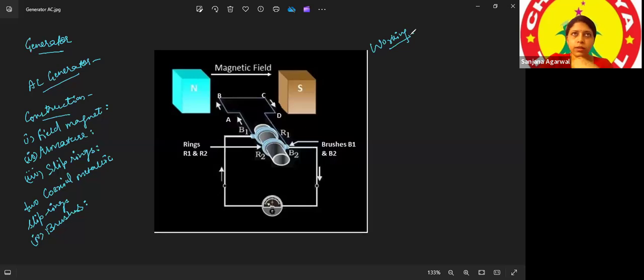Again, suppose that coil ABCD is being rotated in anti-clockwise direction between poles N and S.